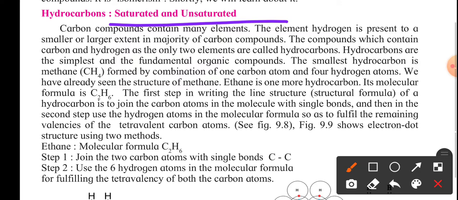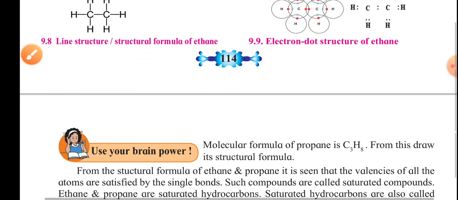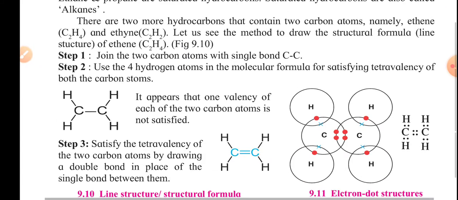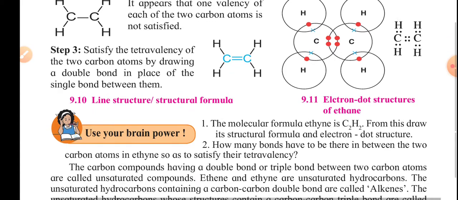Whereas in unsaturated hydrocarbons, there will be at least one double or triple bond between carbon atoms. These things we have already studied in a previous standard. And that double and triple bond comes with the sharing of 2 or 3 electrons between the carbon atoms.